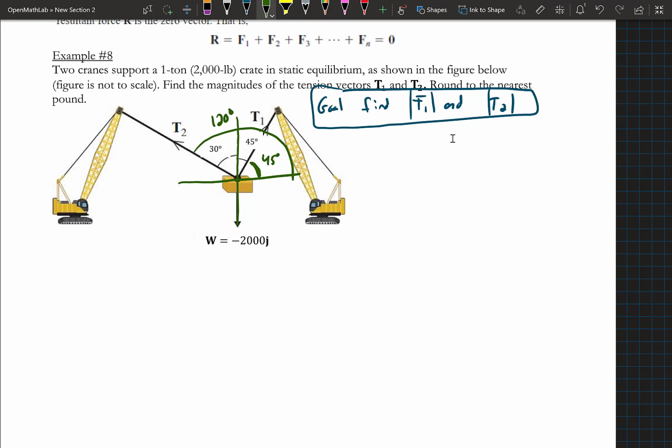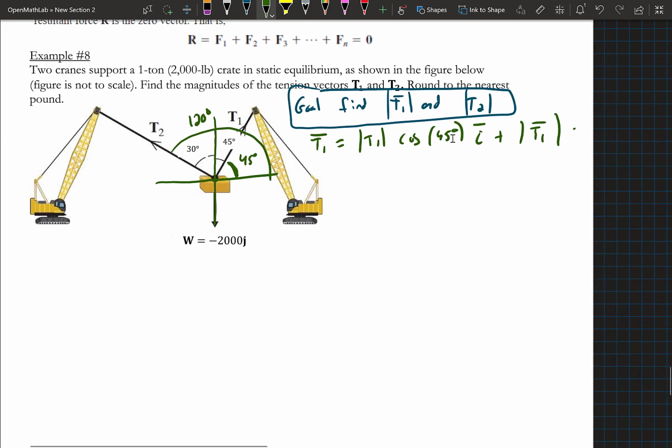So what I could do is write, vector T1 is equal to the magnitude of T1 times cosine of 45 degrees times vector i plus the magnitude of T1 times sine of 45 degrees times vector j.